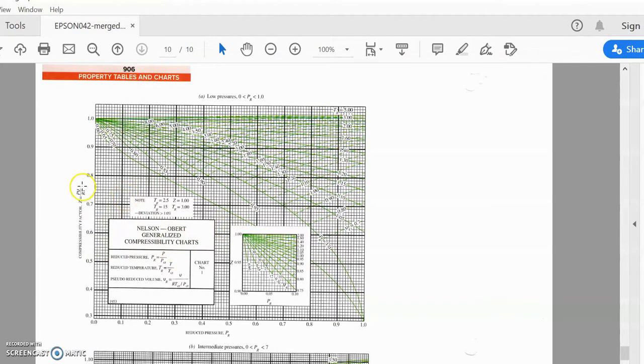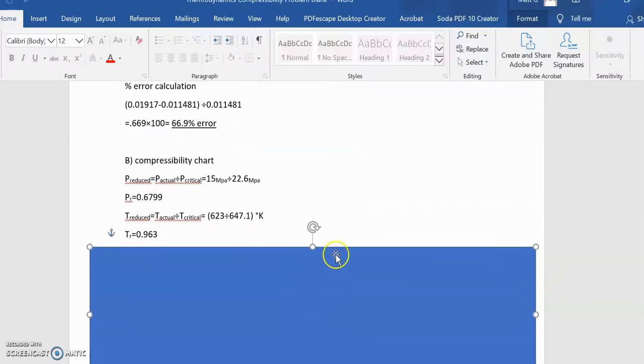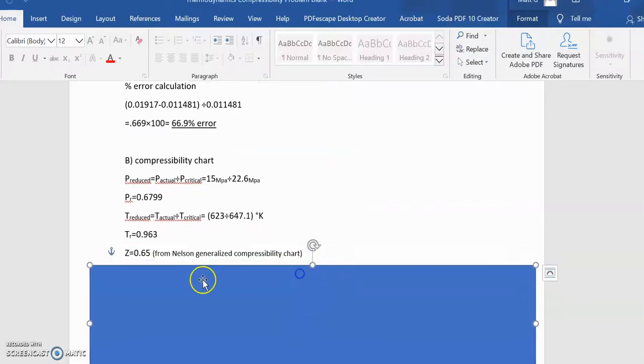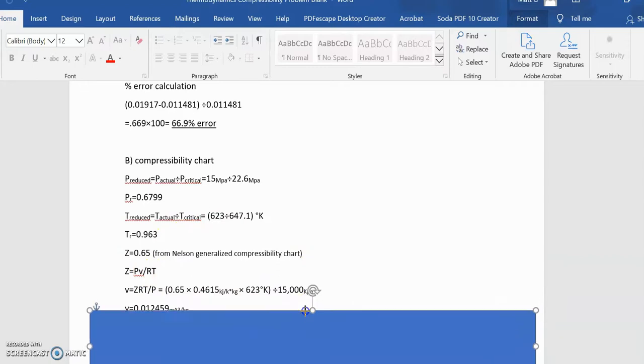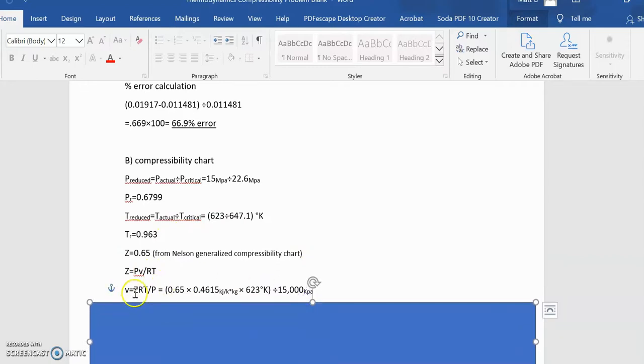And our compressibility factor is PV over RT. So if we go back here, there's our compressibility factor. It equals PV divided by RT. So we're just going to rearrange this.